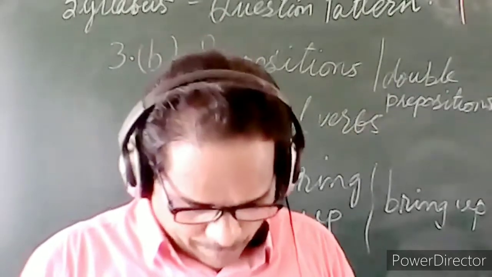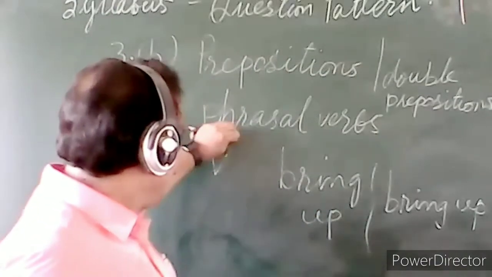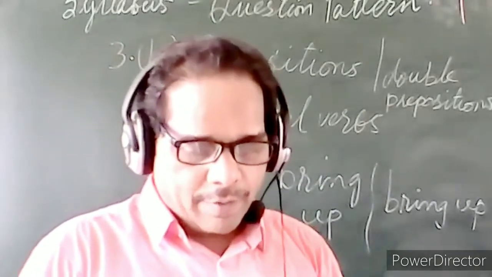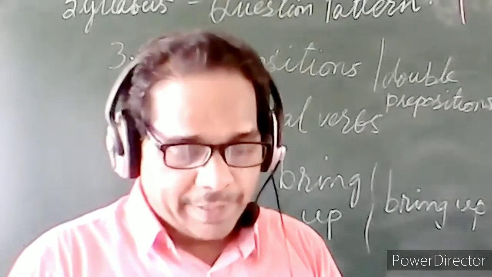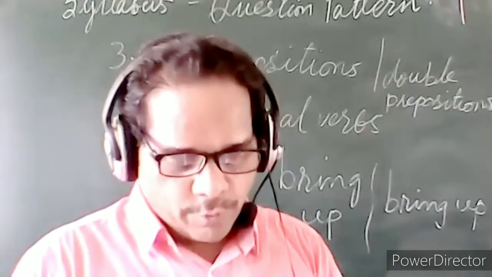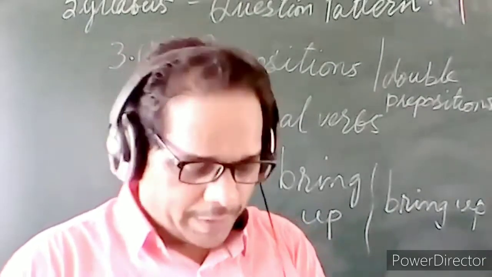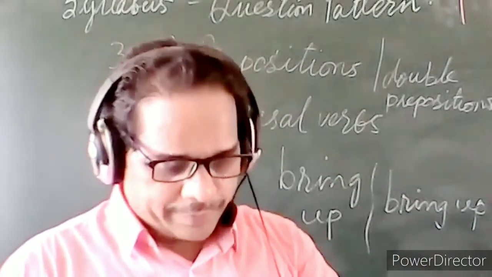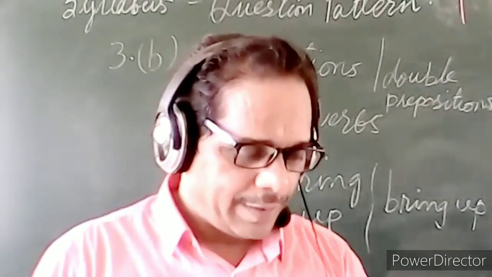Take page number 5, in italics. Look at the content from unit 1 onwards. Point C: phrasal verbs. Unit 2, phrasal verb. See, phrasal verb is so important. All the units, they have distributed it. Unit 1, 2, 3, 4, 5, 6, 7, 8, 9. Next page, 9, phrasal verb.